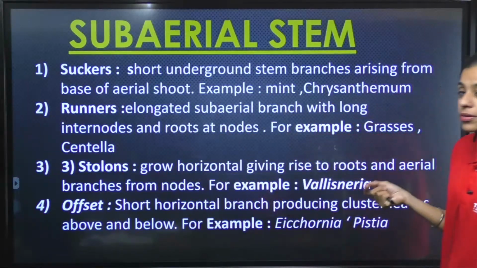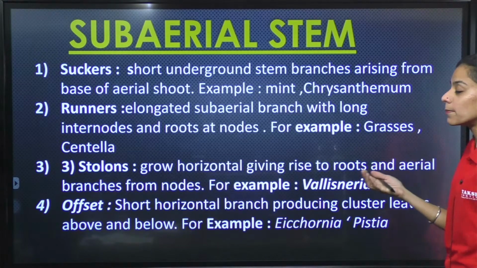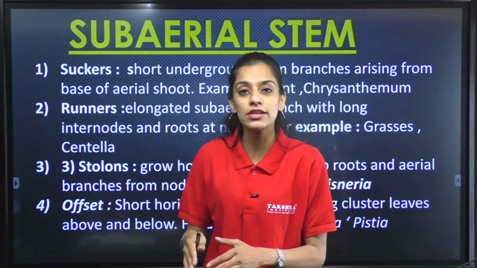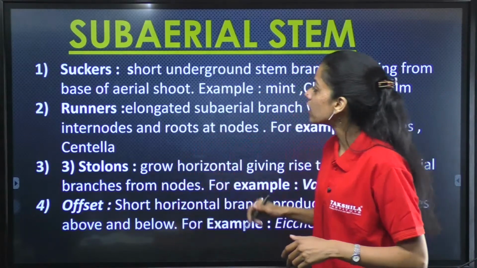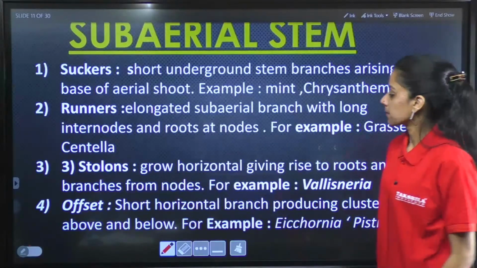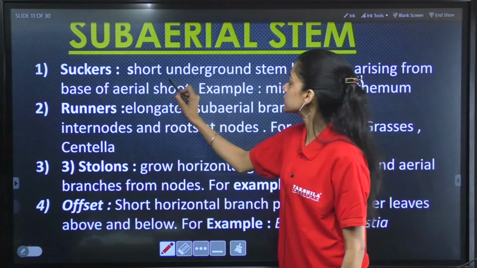So let's come to the first, which is referred to as your sucker. Sucker says that it is a short underground stem, so somewhere it is going to be present in the soil, right? So for sucker you have to remember that it is underground.